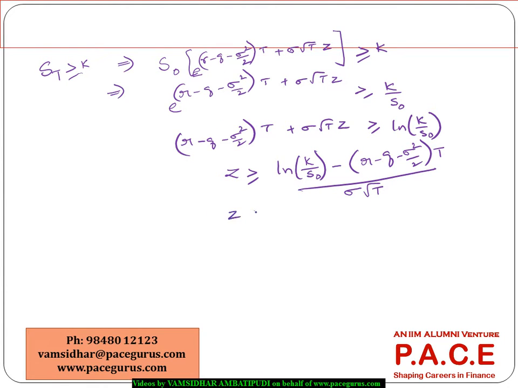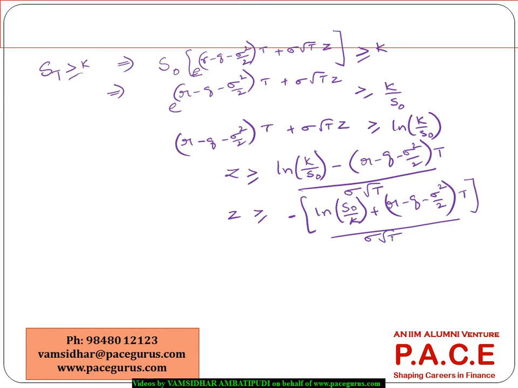So the other way I can write Z greater than or equal to, I take the minus out, I say log S naught by K plus (R minus Q minus sigma squared by 2) times T divided by sigma root T, which is actually becoming Z greater than or equal to minus D2.